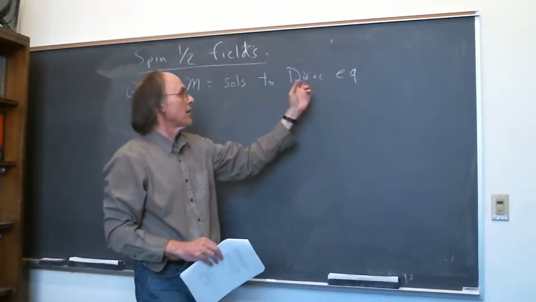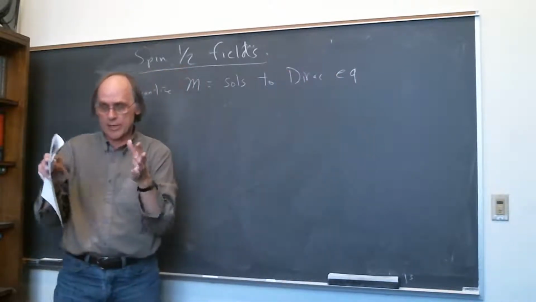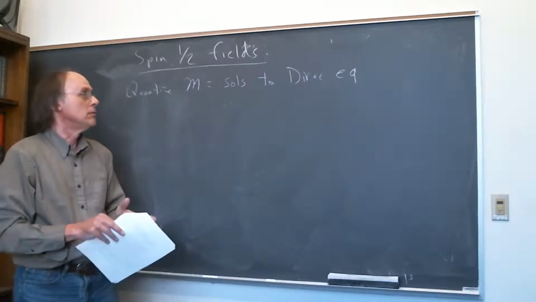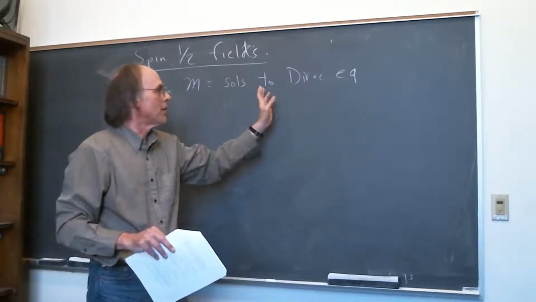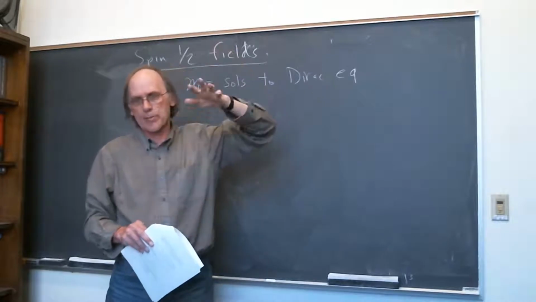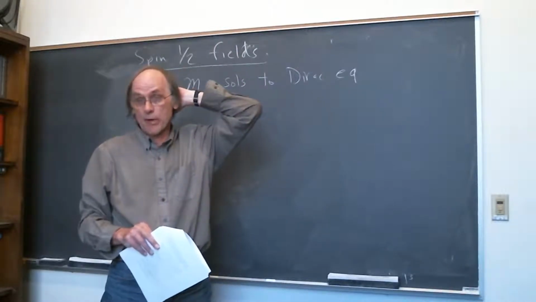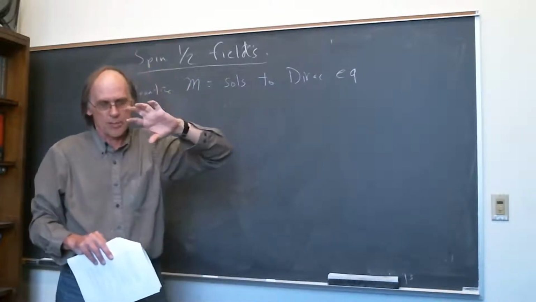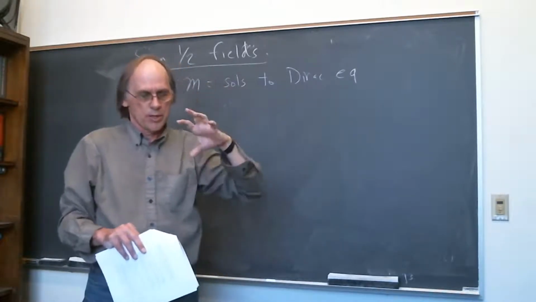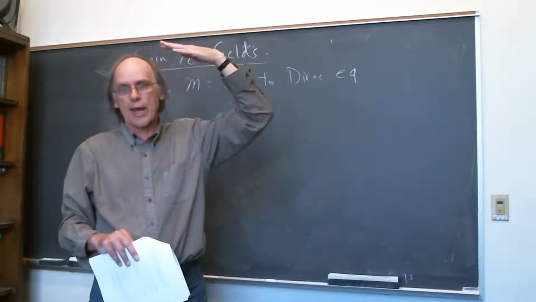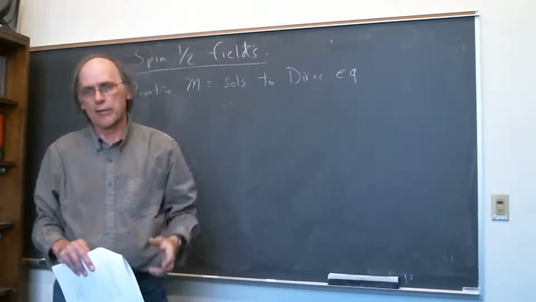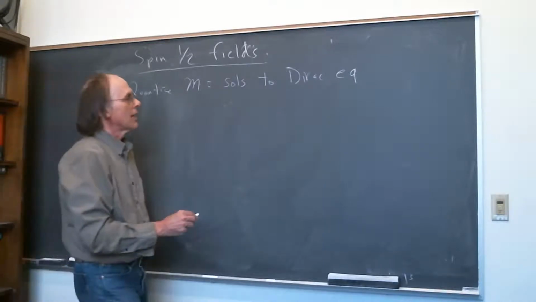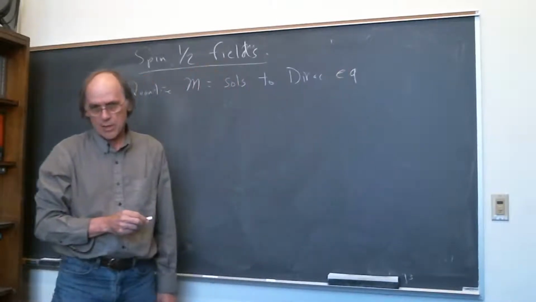We're going to write down the Dirac equation, find its solutions, find a way of parameterizing them, and then quantize that space by the Bargmann-Fock method, again with this complex structure that corresponds to separating out positive and negative energy.